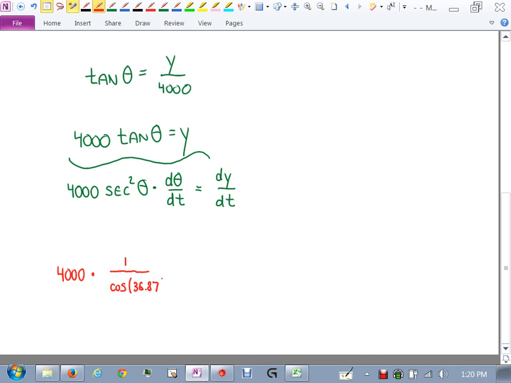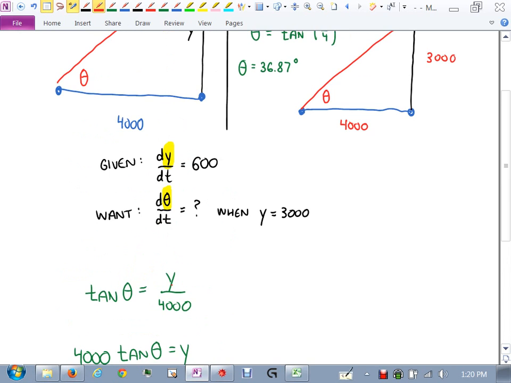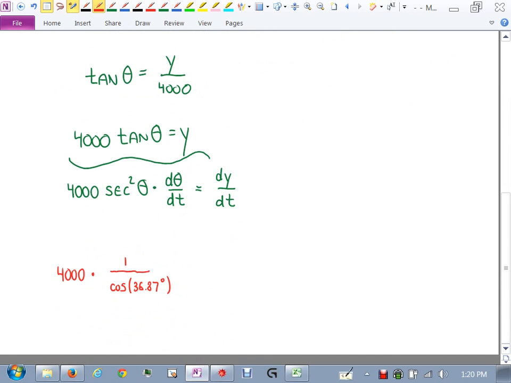Okay, that's what secant is, right? But then we have to square that. That's the way you do it on your calculator: 1 divided by this, figure out what that is, then square that answer, then times 4,000.